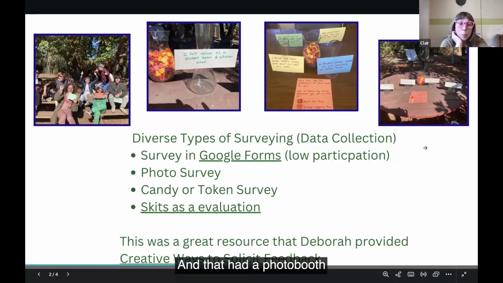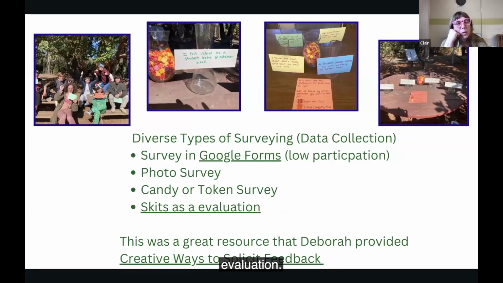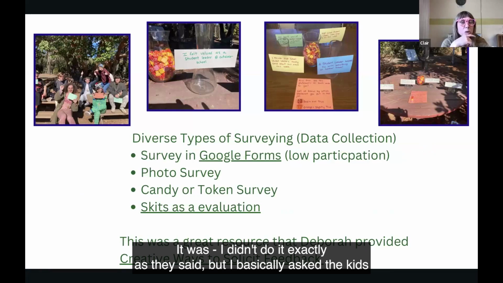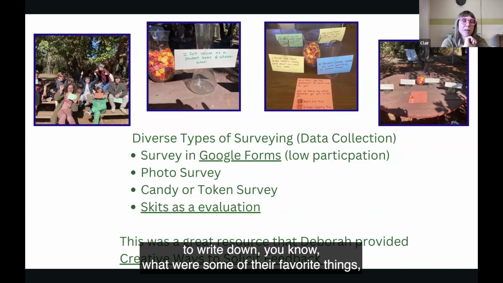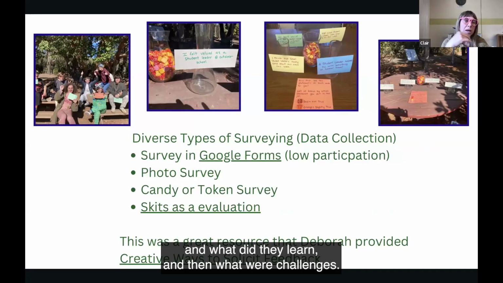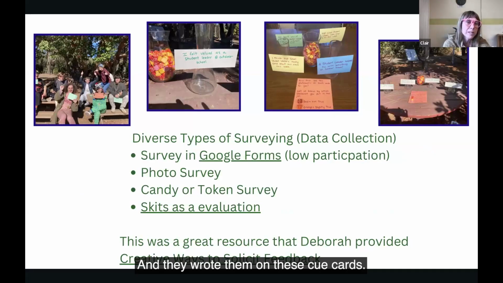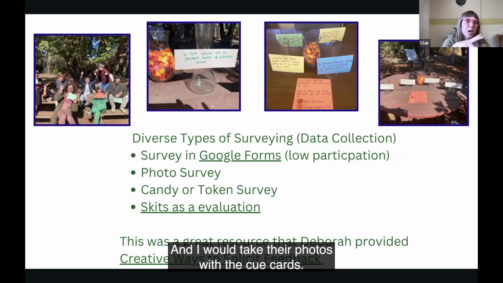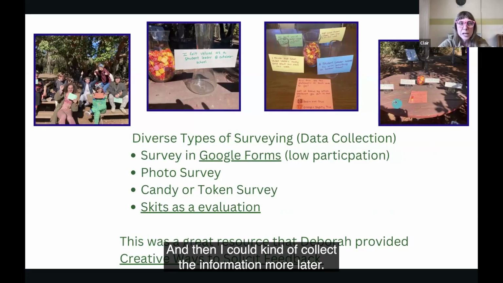That had a photo booth evaluation. I didn't do it exactly as they said, but I basically asked the kids to write down some of their favorite things and what they learned, and then what were challenges, and they wrote them on these cue cards. I would take their photos with the cue cards, and then I could collect the information more later.